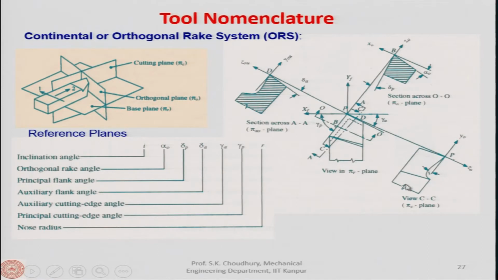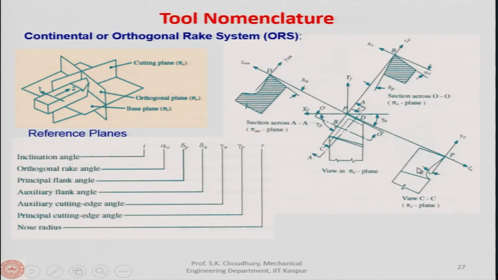So, this is the tool which is shown in the view CC. That means if we look at the tool from here, perpendicular to the principal cutting edge, you can actually see this view.